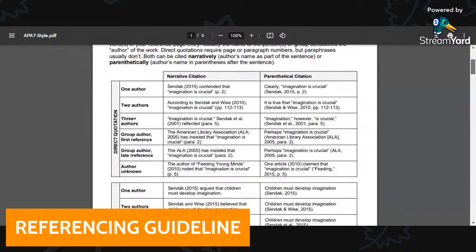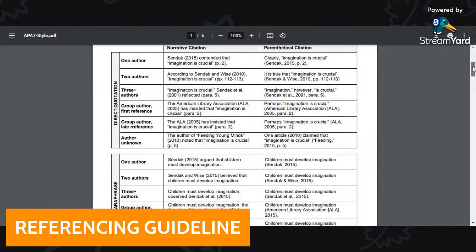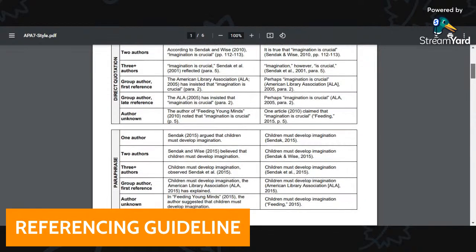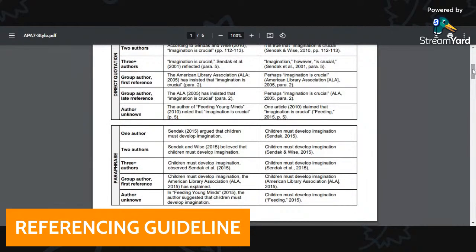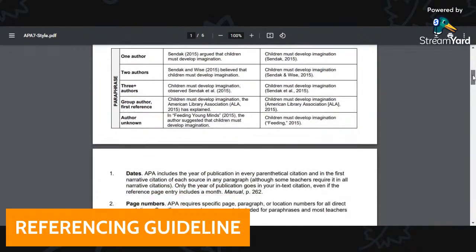Here is one author, and how to cite in the narrative and parenthetical citation, with one author, two authors, three authors, and direct quotation. When we are paraphrasing, with one author, how we have to write is clearly mentioned in these examples, as with two authors and three authors.